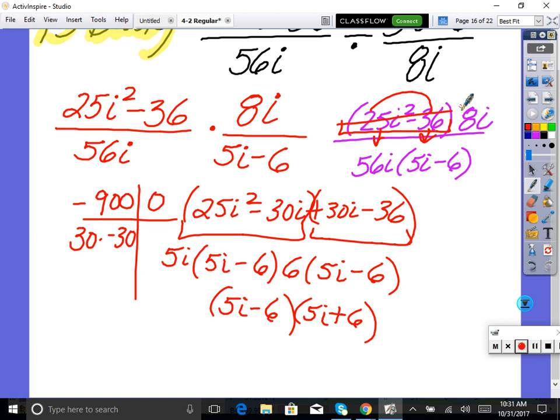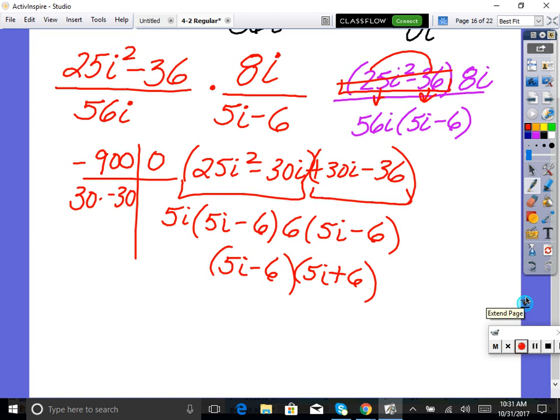Let's remind ourselves what we have. So we have 5i plus 6, 5i minus 6, and then we have an 8i. I just put it in front here. Then on bottom, we have a 56i and a 5i minus 6.